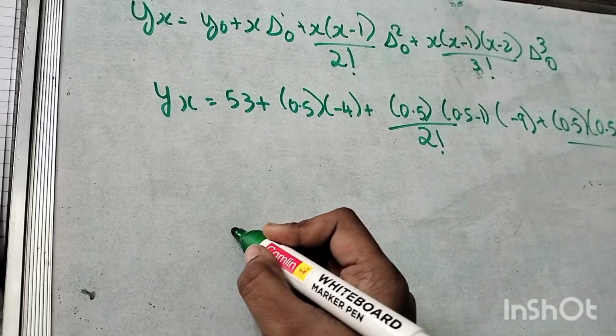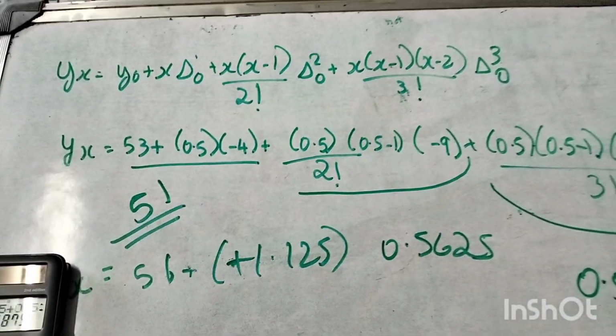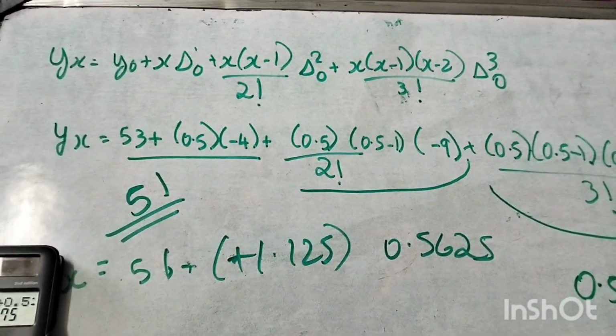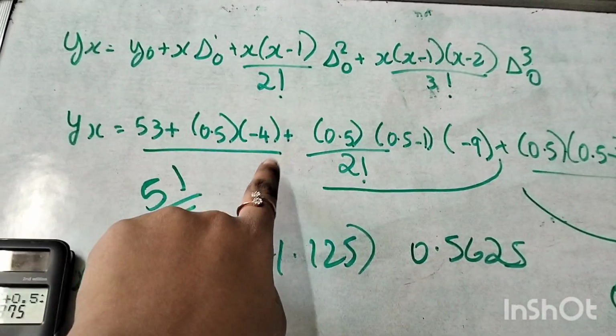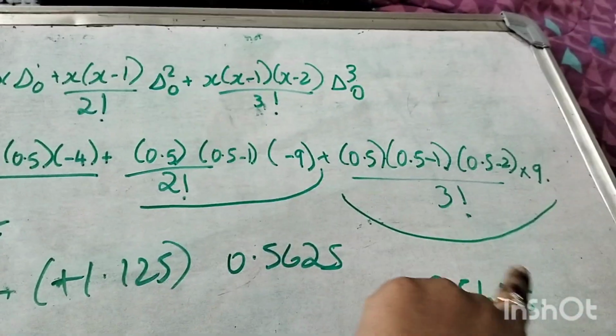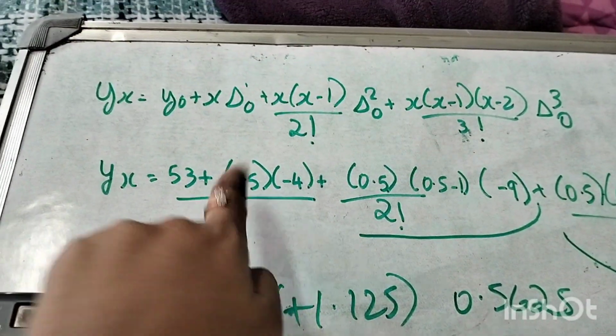Now you do this on the calculator. To calculate this, I will show you all how to do it on the calculator. You do the first lot, the second lot, and the third lot separately. So first you need to solve this.